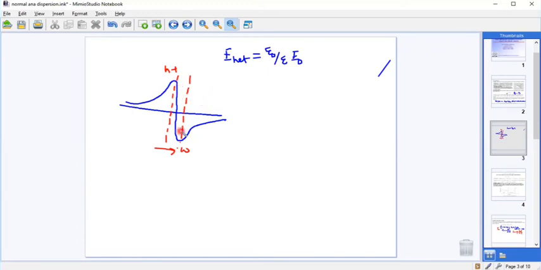So in this region, both this part and that part are normal, and in between, this part is anomalous.